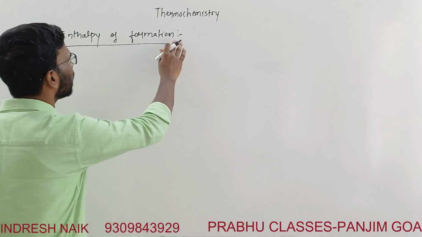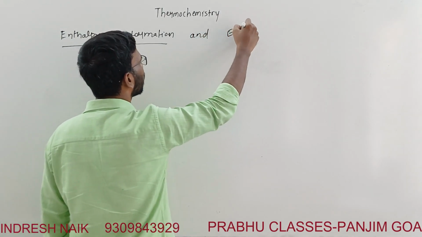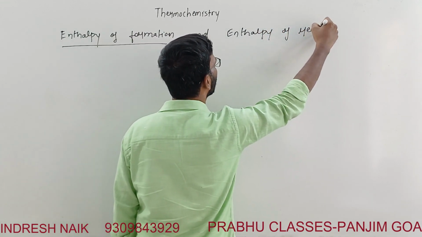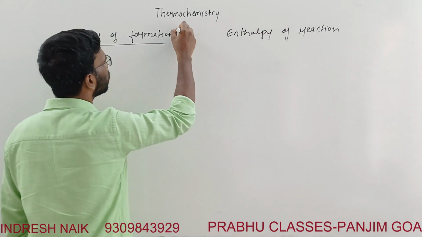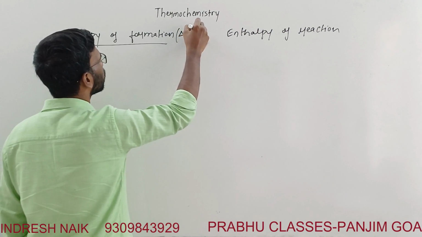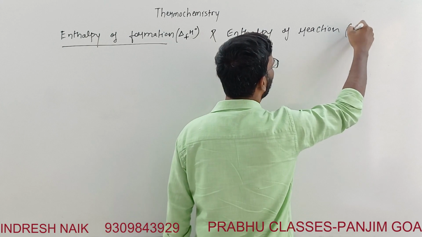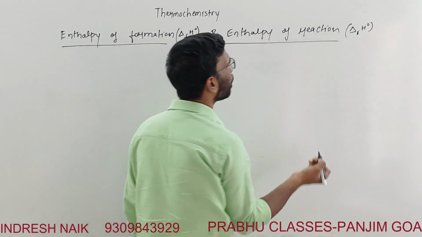We'll write the heading enthalpy of formation and enthalpy of reaction. I'll write it this way: delta F H naught, and this is delta R H naught. This is how we represent them.